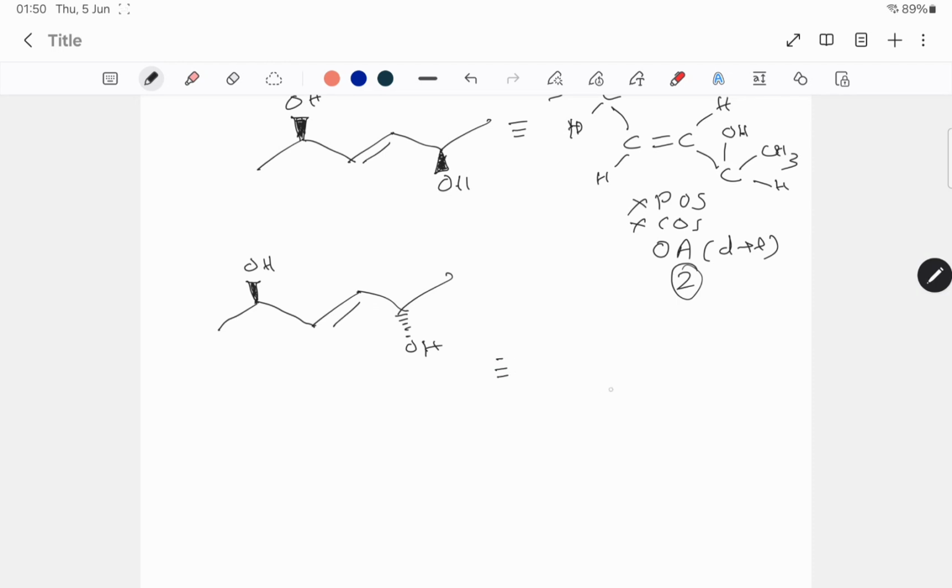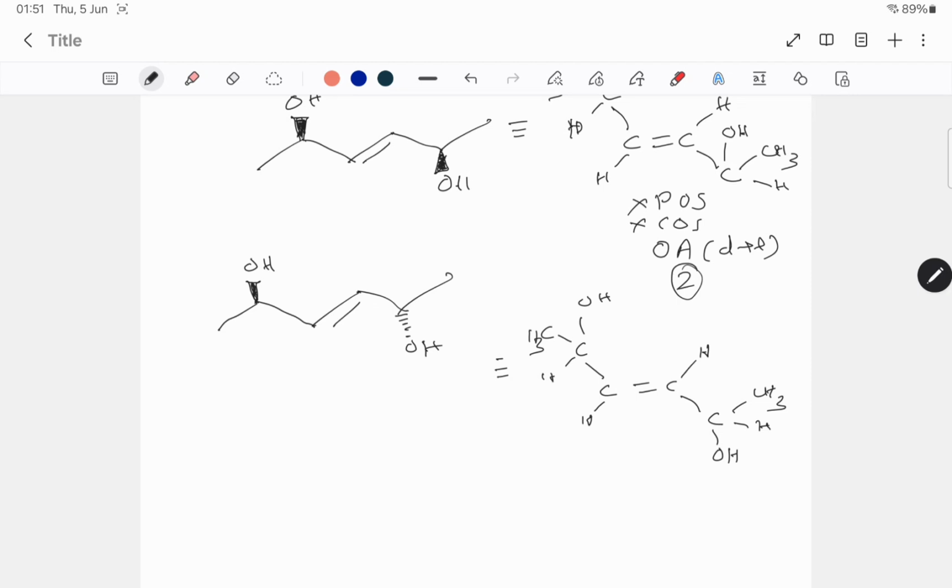It will become much easier if you consider the skeleton diagram. This is trans, and across the double bond it is trans. Here, if it is above the plane, then in this case it will be below the plane. It will be much easier if you draw this diagram, otherwise it will be quite difficult for you.